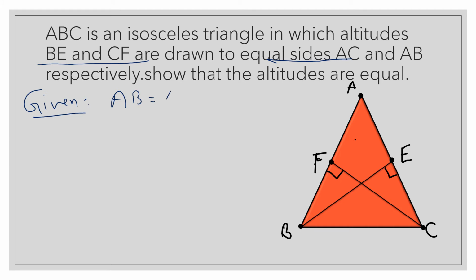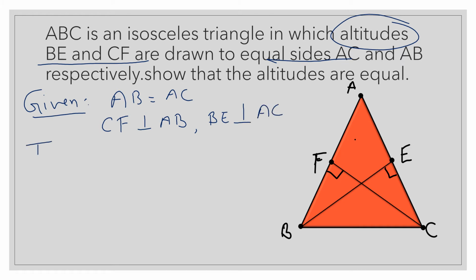What is given in this question is AB is equal to AC, and what is the term altitude here? Altitude means CF is perpendicular to AB and BE is perpendicular to AC.